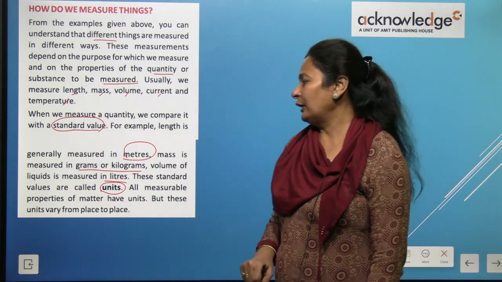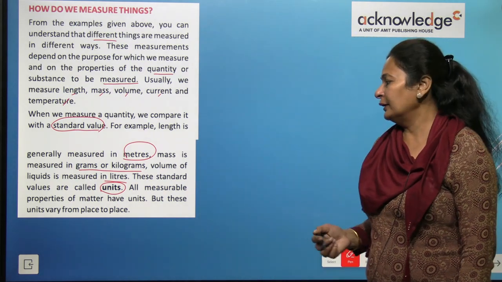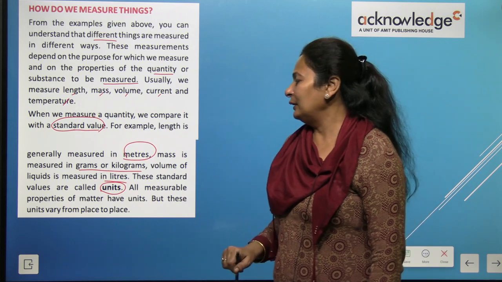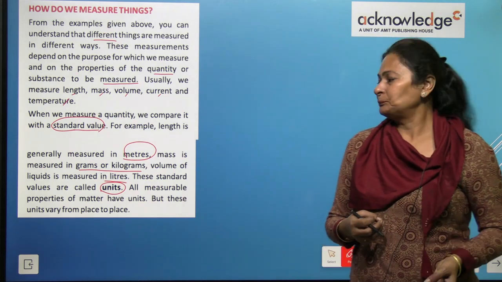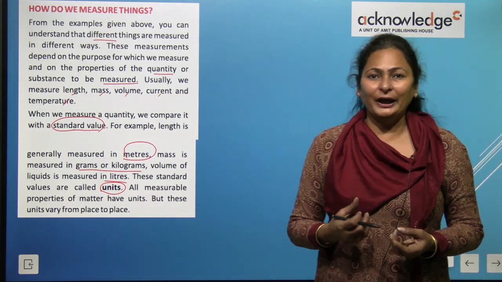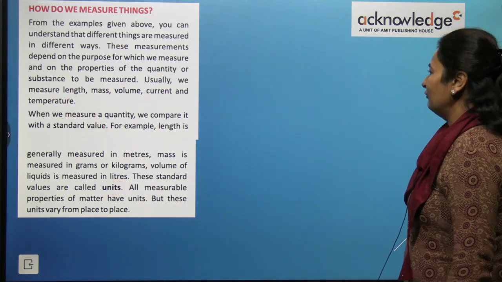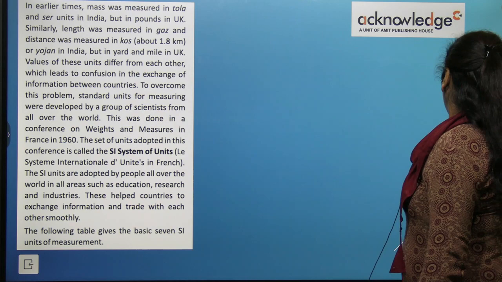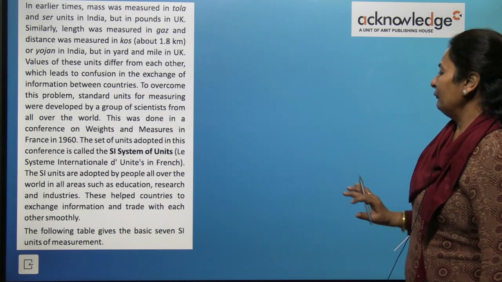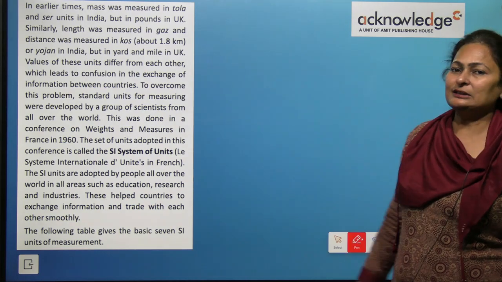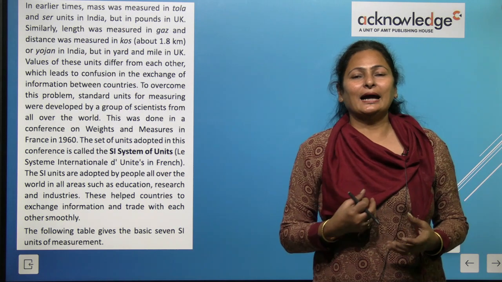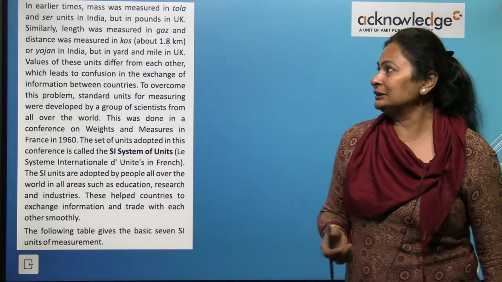So, all measurable properties of matter have units, but these units varied from place to place. This is related to ancient times.